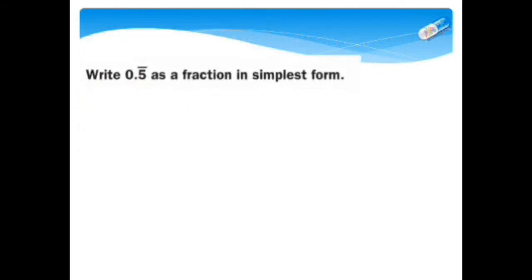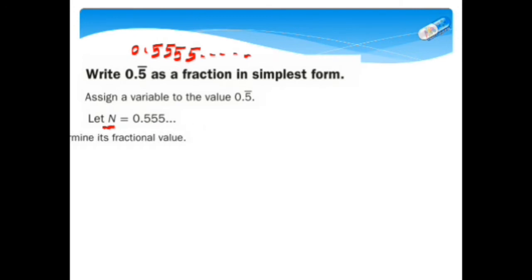Another example, write 0.5 repeated, so this means it's 0.555 and it continues forever. Write it as a fraction in simplest form. This is somehow different from the first example because we cannot write 0.5 as 5 over 10, because it's not just 0.5, it's 0.5555 and continuous.